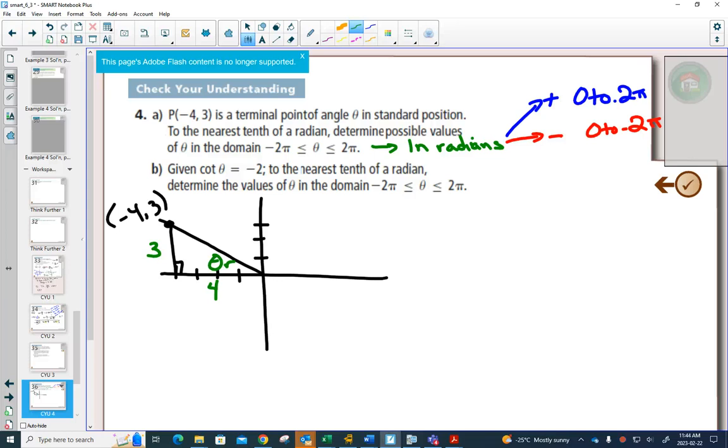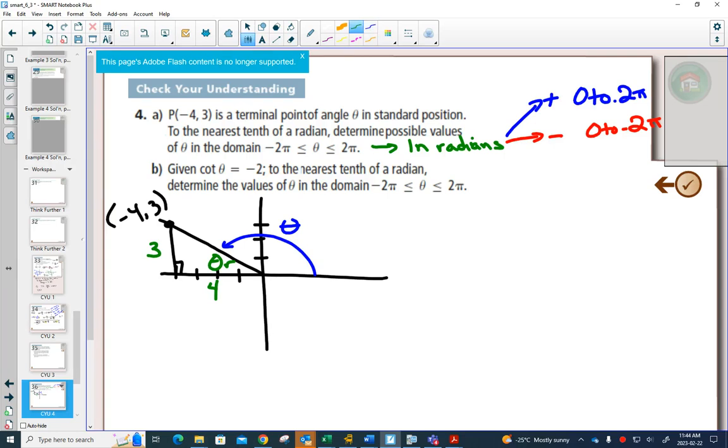What do I want to find? I want to find the angle in standard position. The positive one would look like this, starting from the positive x-axis and going to that angle. So that's the angle theta, the positive one at least, that I'm looking for. Well, how would I find that? First, I need to go back to my grade 10 math and find my reference angle.